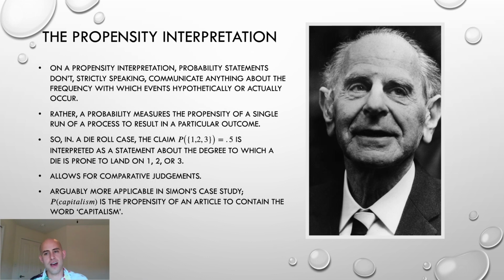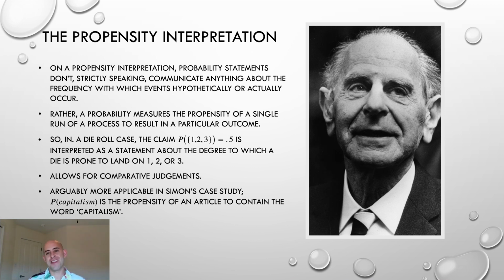So let's go back to Simon's example of the marriage and divorce of capitalism and democracy, and consider the probability that an article in the New York Times written in 1934 contains the word capitalism, right? We can obtain a finite frequency, and that's exactly what Simon did. He just looked at all the articles written in 1934 and tried to figure out as best he could the proportion that contained the word capitalism, right?